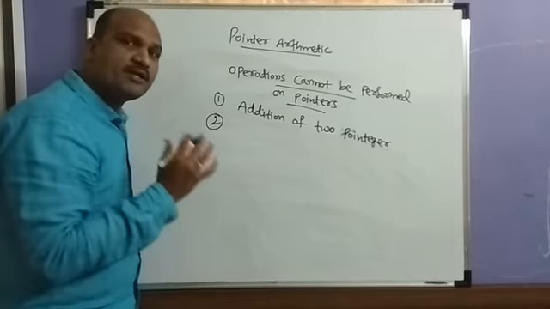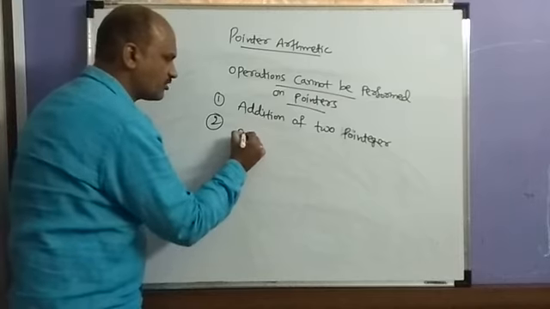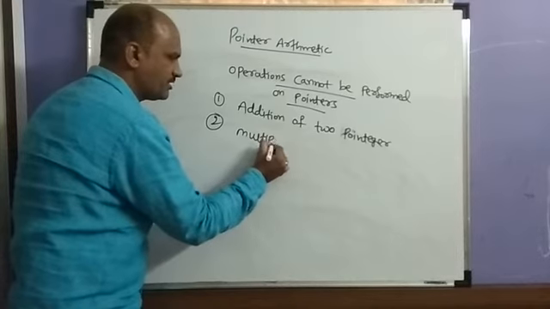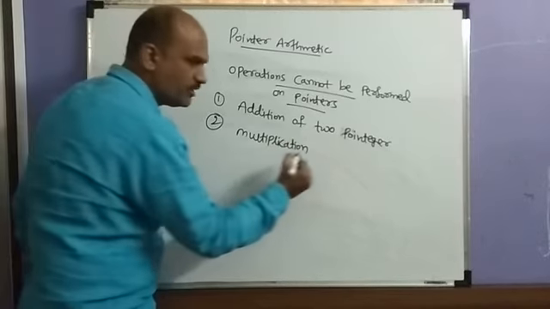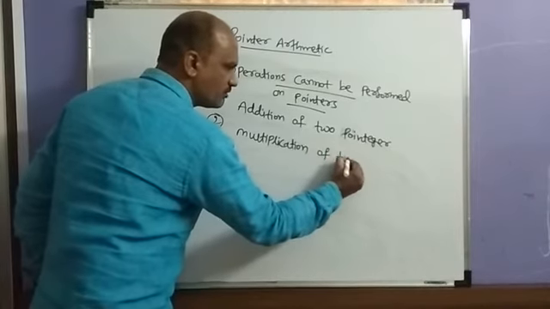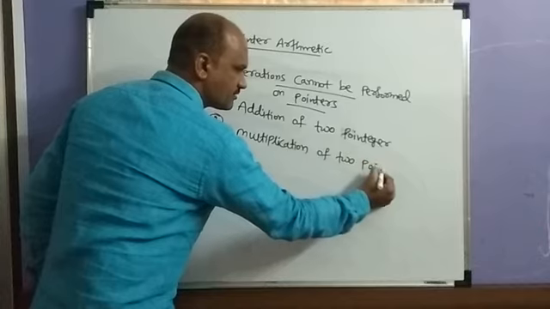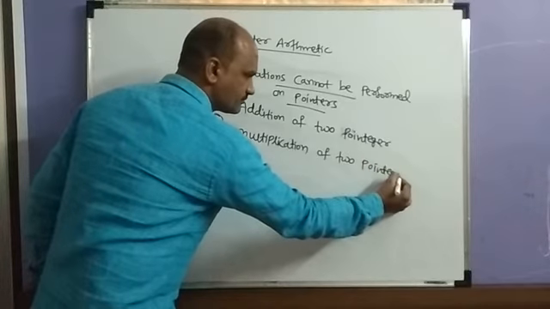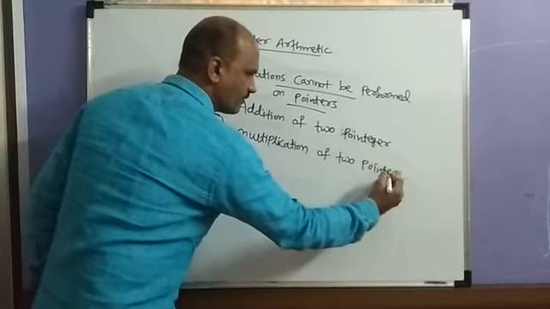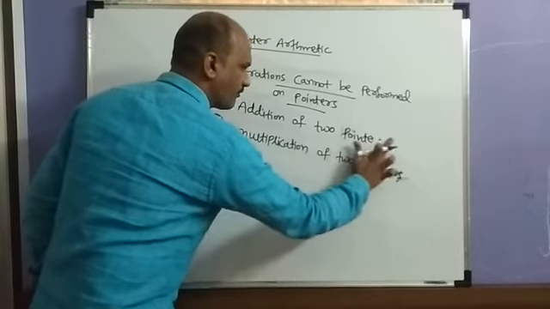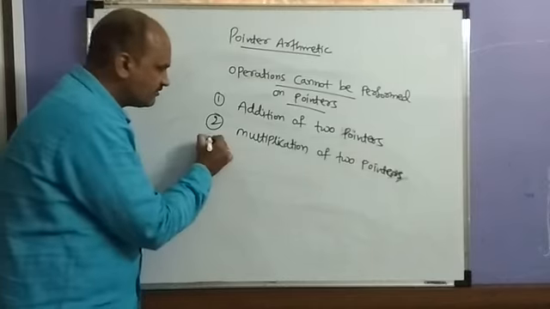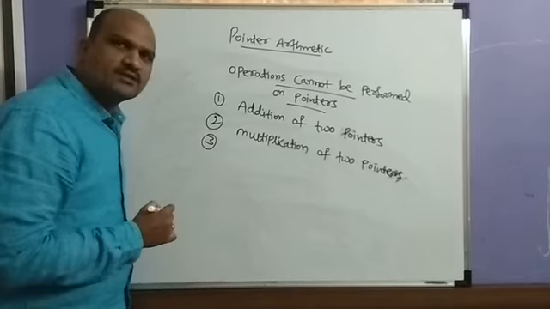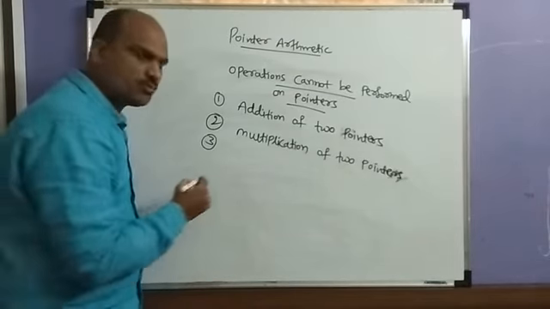Second one, multiplication of two pointers is not possible. Multiplication is not at all there itself, and it is not possible. And there is another important one, division also not at all possible.